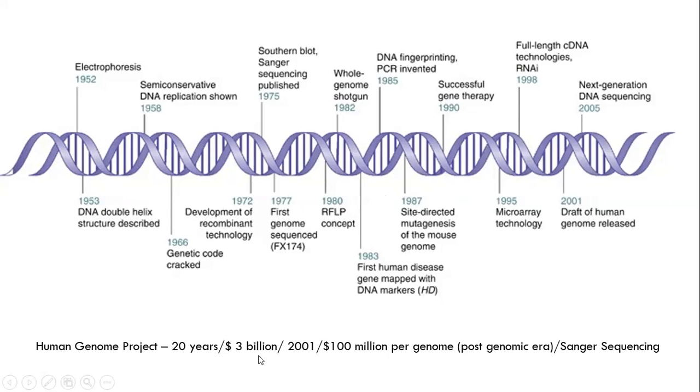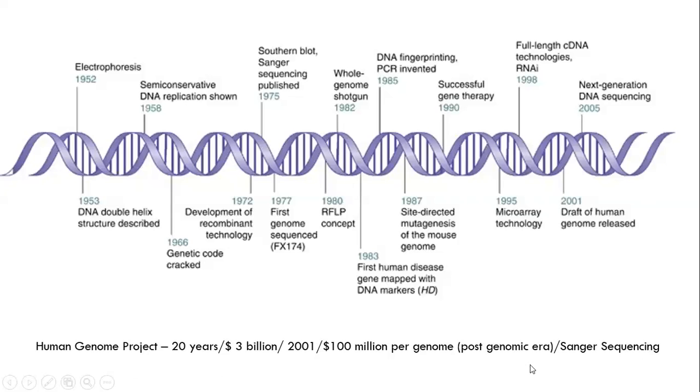It took close to $3 billion US money. And in the post-genomic era, after the human genome, the cost went from 3 billion to 100 million, because of the automated sequencing method. Just take a brief overview, and appreciate the efforts of various scientists to make simple next generation DNA sequencing methods.